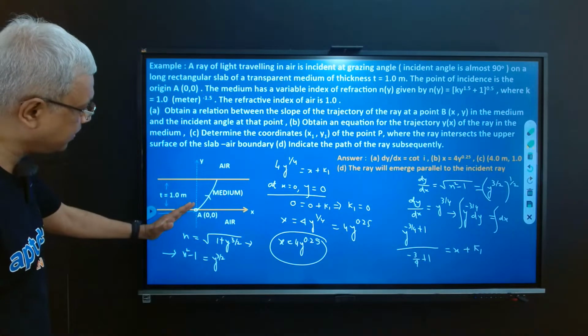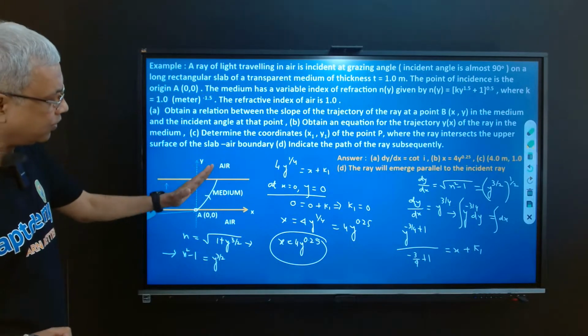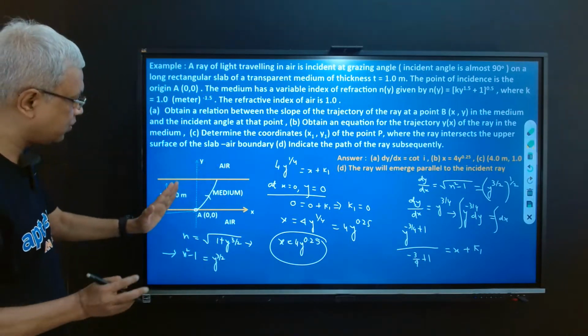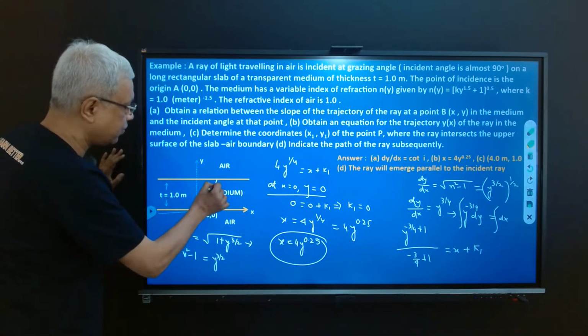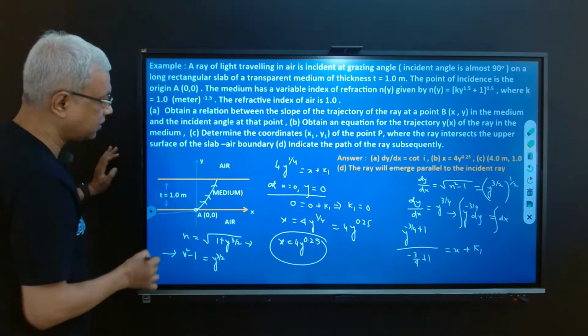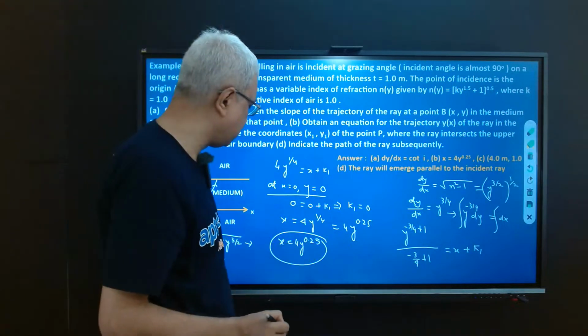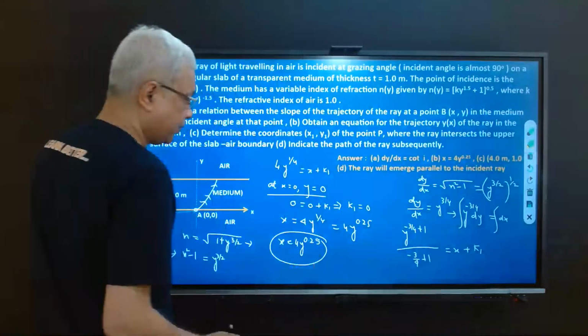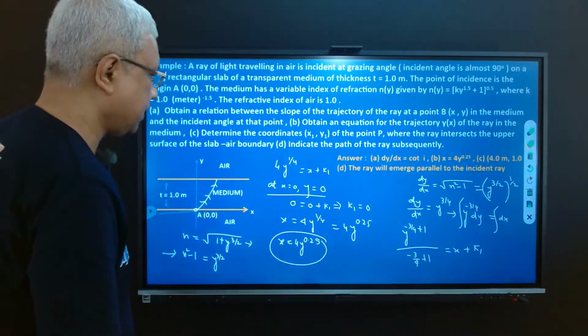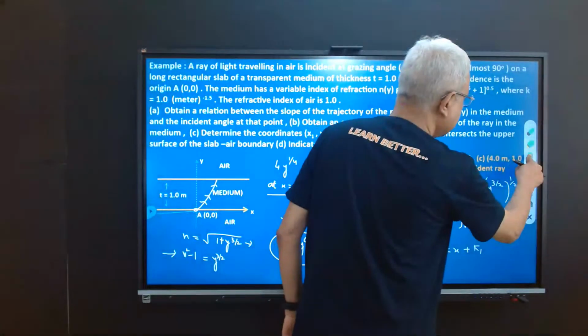Okay, so the light beam, instead of moving along a straight line, will bend. It will be continuously bending, and the ray of light will move along this trajectory, whose equation is given by x equal to 4 y to the power 0.25. Now what next?